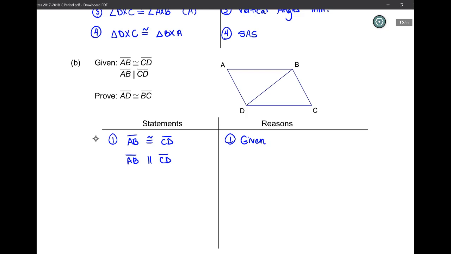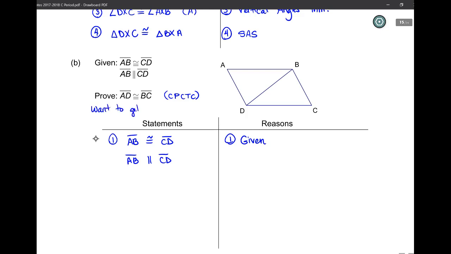However, we actually are going to try to prove the two triangles congruent in order to prove AD is congruent to BC. So you may remember the last lesson we had corresponding parts of congruent triangles are congruent, CPCTC. What this means is once we have the triangles congruent, any of their other corresponding parts will be congruent as well.